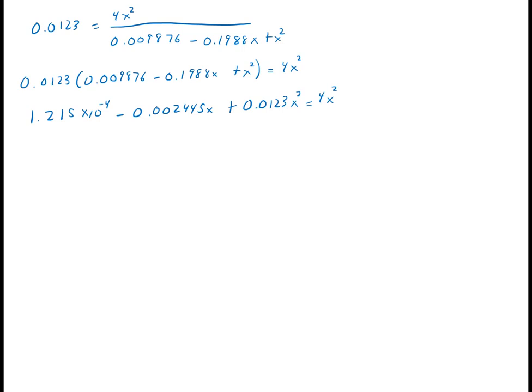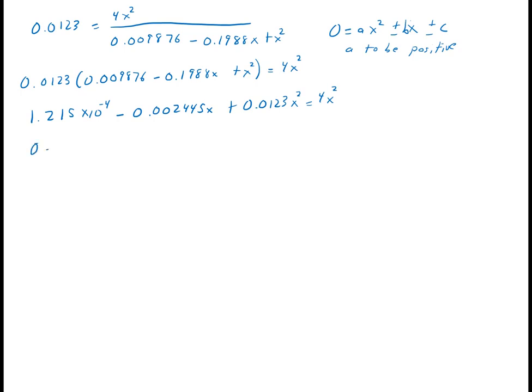Now what I'm trying to get to is the form of 0 is equal to ax squared plus or minus bx plus or minus c. Okay, but what I want is a to be positive. So in looking at my x squared terms, this is 0.0123 and this is 4. So 4 is larger, so I'm going to move everything from the left to the right.